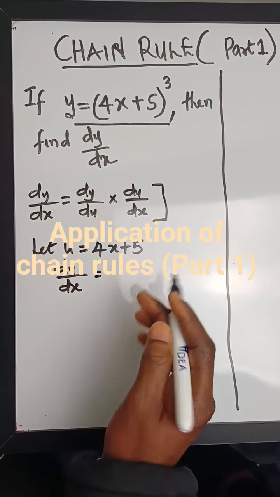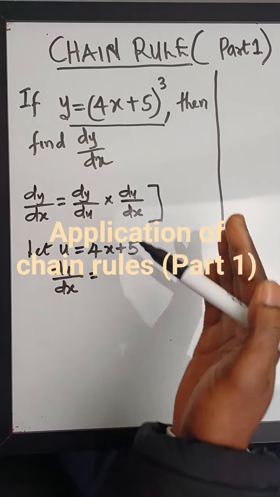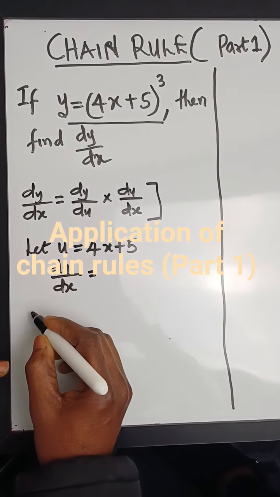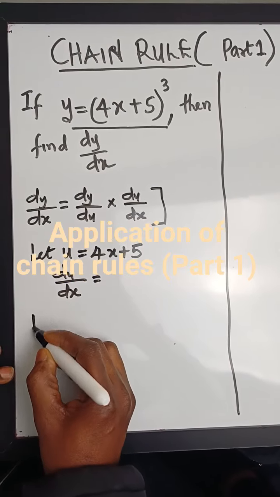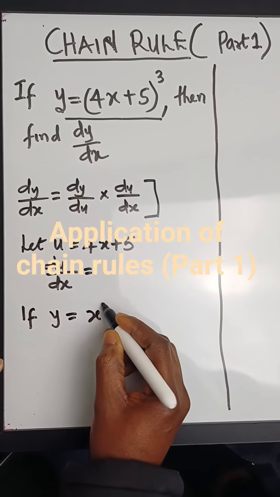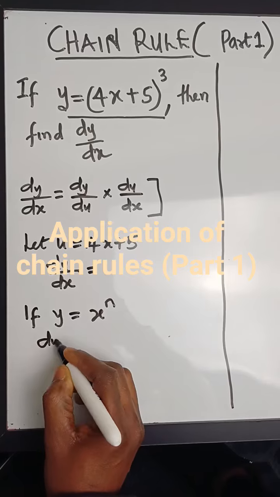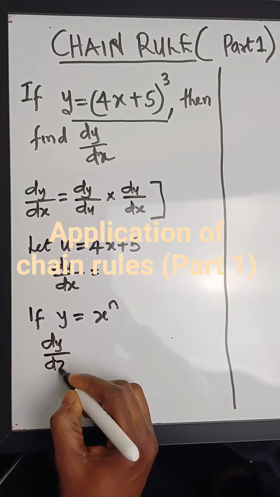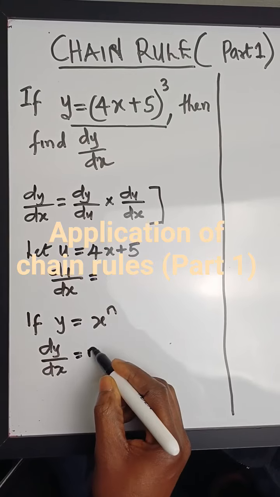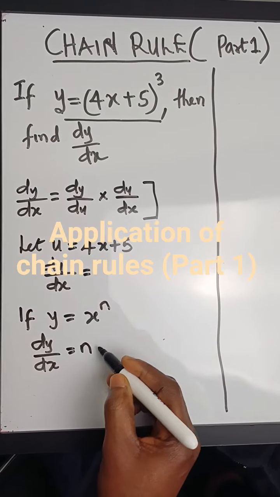Now there's a method called the general rule. That's what we'll be applying in this season 2. So let me just introduce what the general rule is. If you have y equal to x raised to power n, and you want to differentiate y with respect to x, it means the power, which is n, multiplied by the coefficient of x, which is 1, so n times 1.